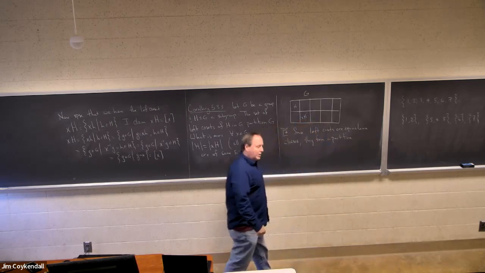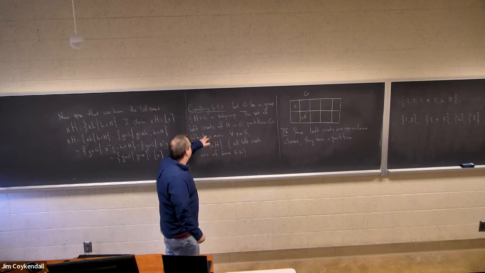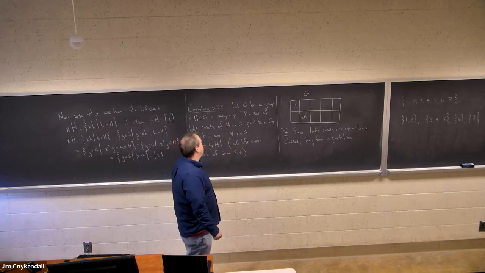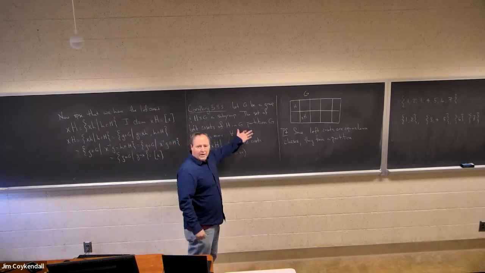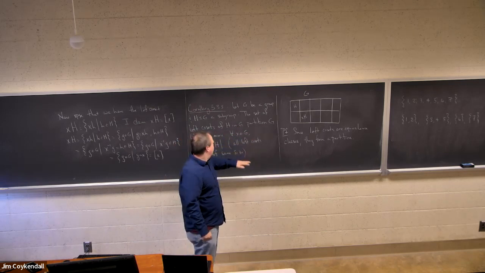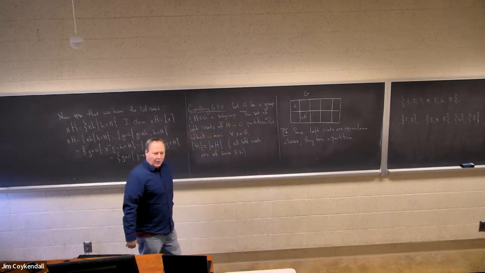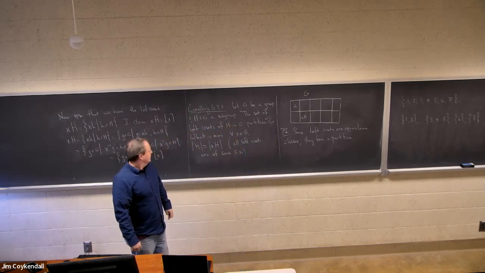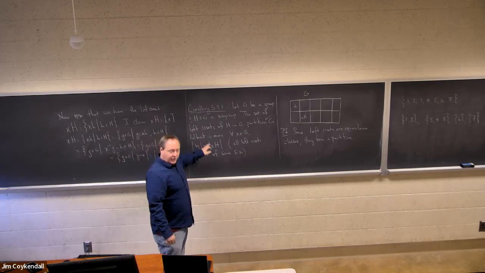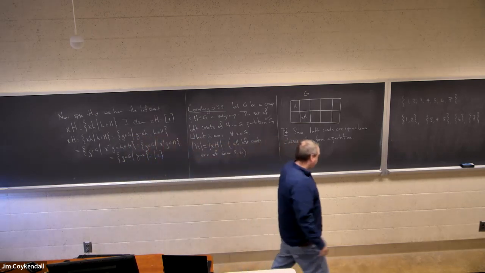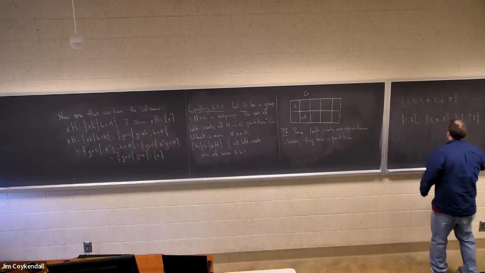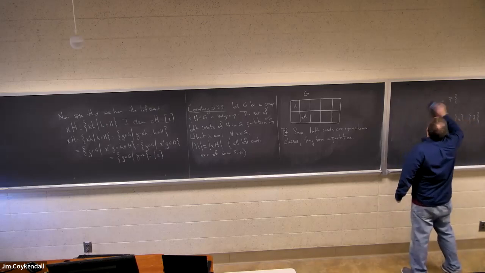This is why this is a corollary from the previous one, because I've already shown that the left cosets form equivalence classes, and we already know that equivalence classes form a partition. So this statement up here, we already knew from the previous theorem. This is really what requires justification: the question about why they're all the same size.